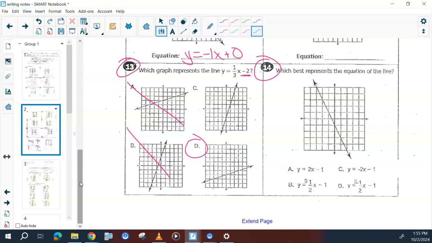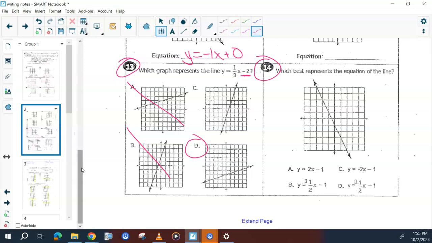Questions there before we do 14? In 14, now we have a graph and we have to figure out which one of these equations is it. Well, the y-intercept is the same. The slopes are different. This is a negative slope. So which of these could I eliminate?